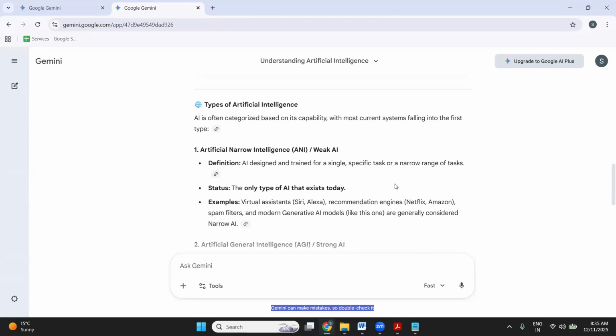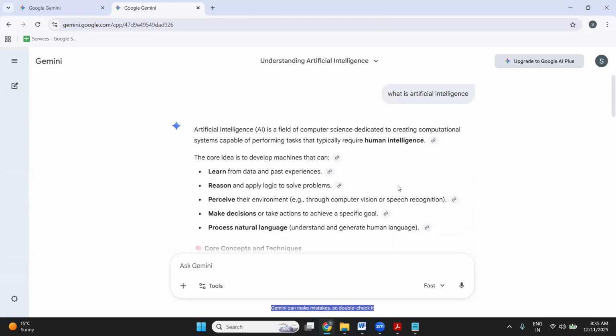They think that if I am not giving output to the user query, the user thinks something bad about me, that I am not capable. Did you understand what this is? Gemini can make mistakes, so double check it. That's what I was referring to here.